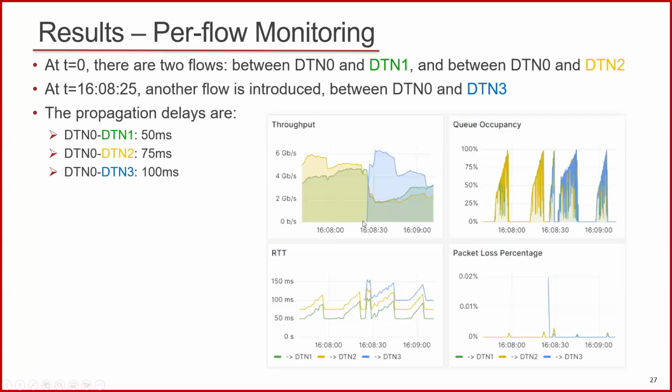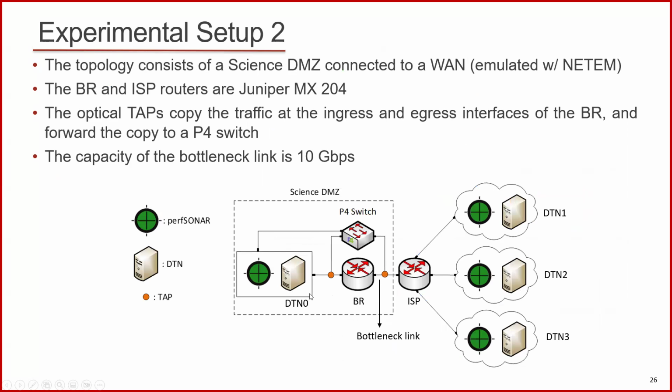The first test we did is to show how we can have real-time monitoring of the throughput, queue occupancy, packet loss, and RTT. The scenario is as follows. We have two data transfers, between DTN0 and DTN1, and DTN0 and DTN2. DTN0 refers to the internal science DMZ, and DTN1, DTN2, and DTN3 belong to three different external science DMZs.